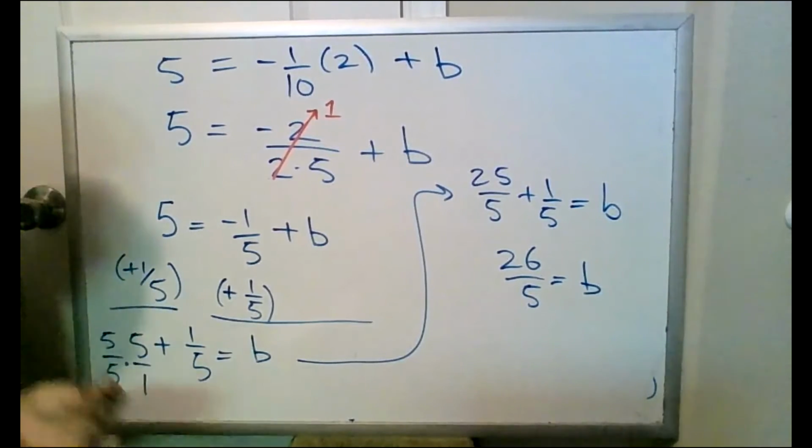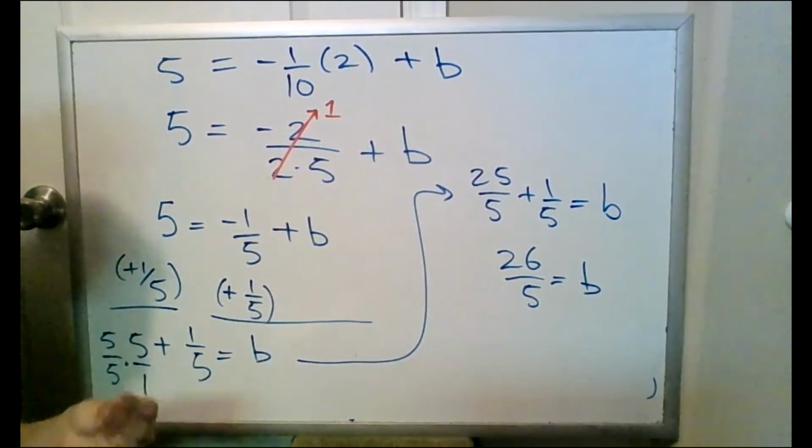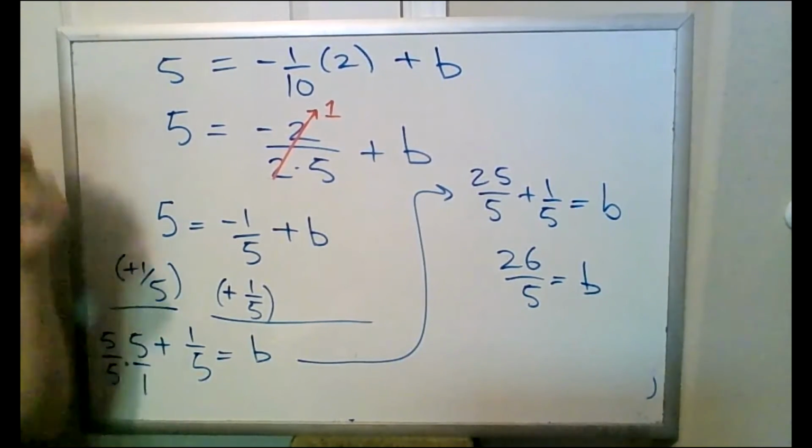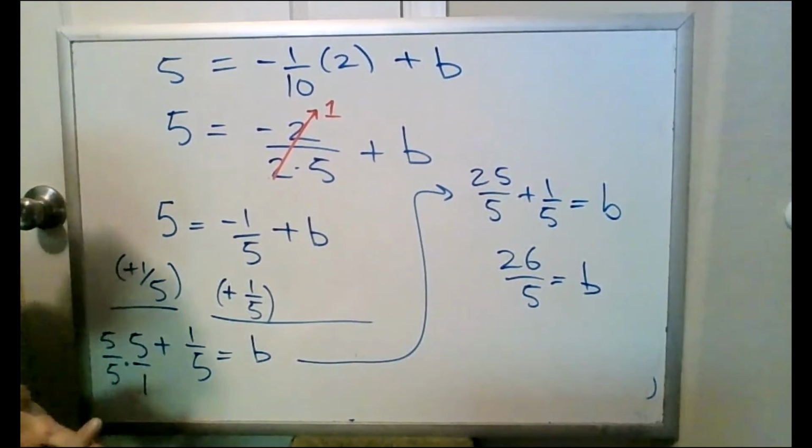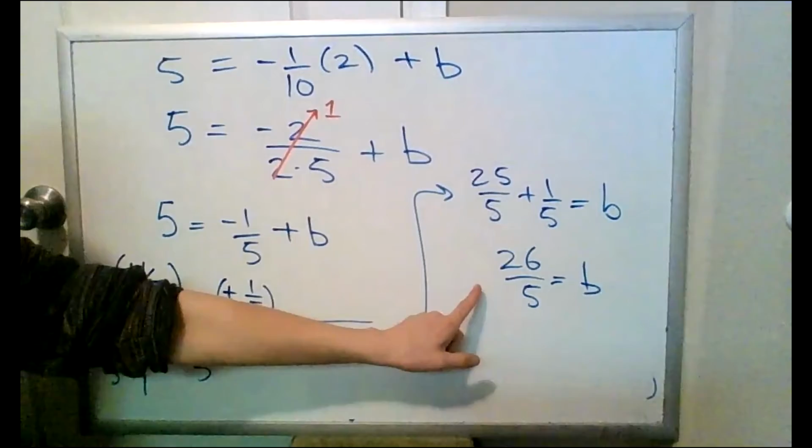And I would leave it like that, instead of a decimal number. And the final answer is y equals negative 1/10 x plus 26/5.